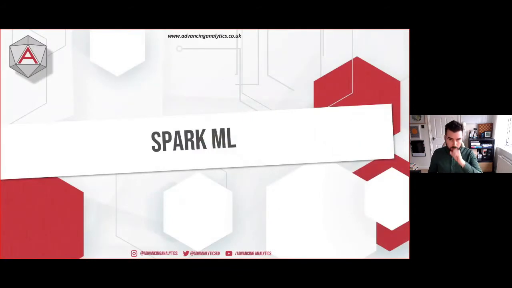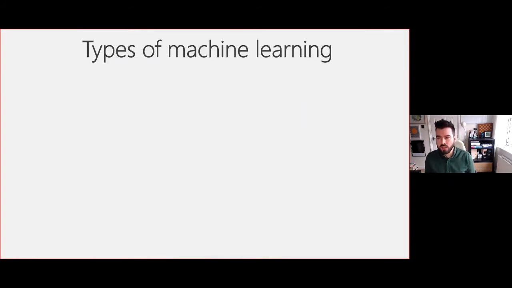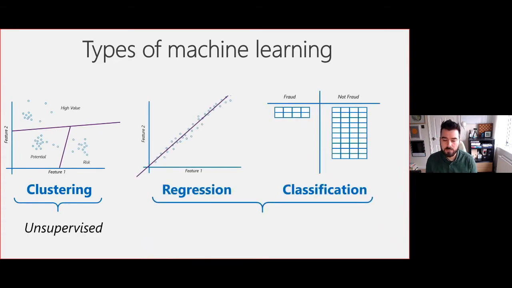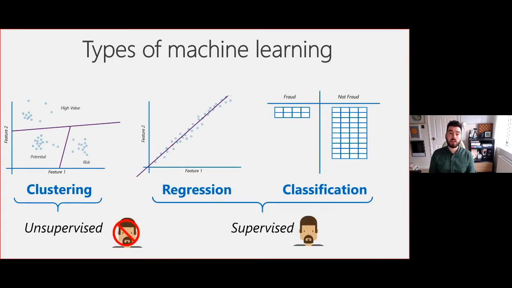Right, so let's talk a bit about SparkML. This is probably the easiest machine learning slide you will see in the deck today. But you can think of shallow machine learning in these examples as being typically one of three examples, right? You've got clustering, where we're taking a step back from our data and saying, okay, what patterns am I seeing in the data?